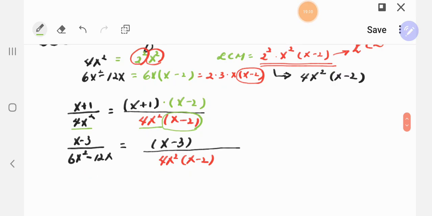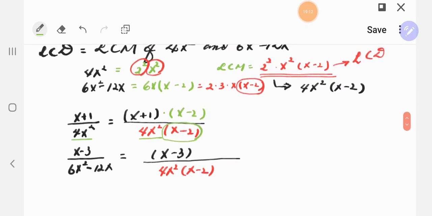The LCM has 3. I forgot this number 3. So we have to multiply this by 3 as well. So 4 times 3 is 12. The LCD is 12 times x squared times x minus 2.